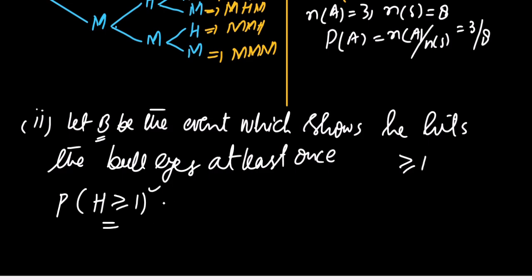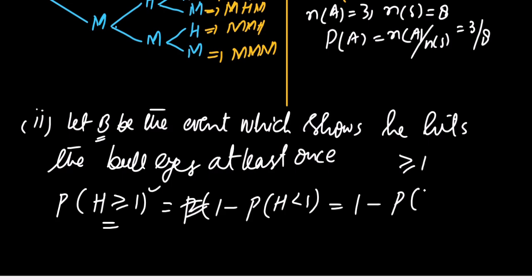By using the complement, we can write it as 1 minus the probability of H less than 1. H less than 1 means he hits the target less than 1 time. Meaning to say, he does not hit the target. H is equal to 0 means all are misses.